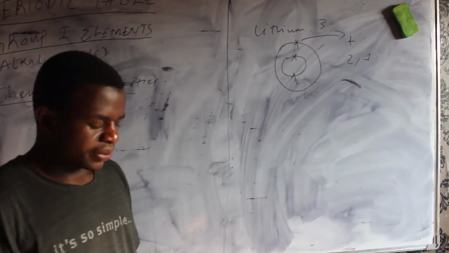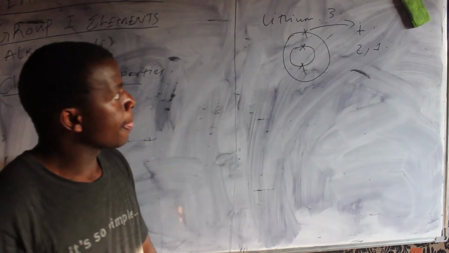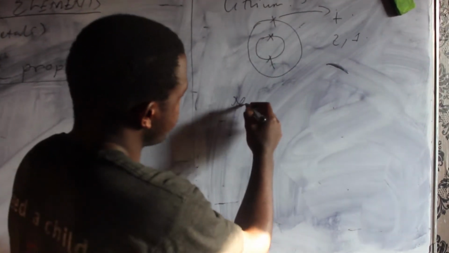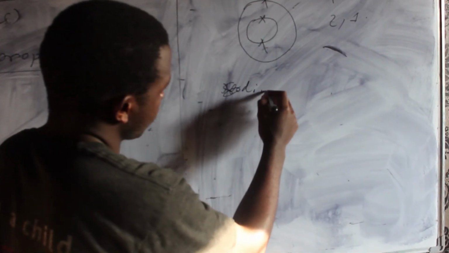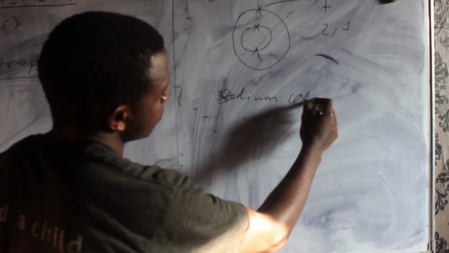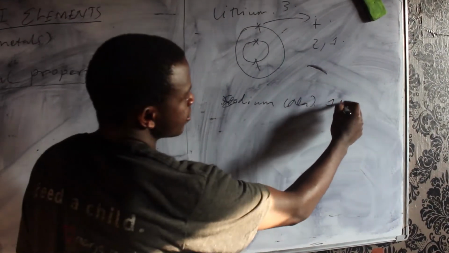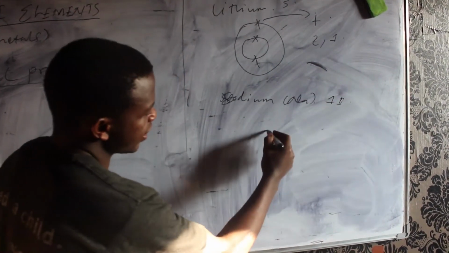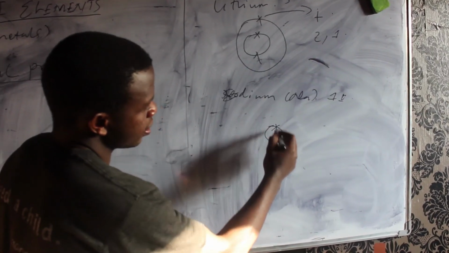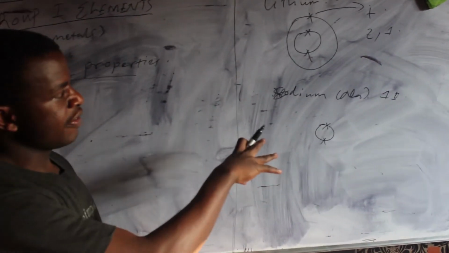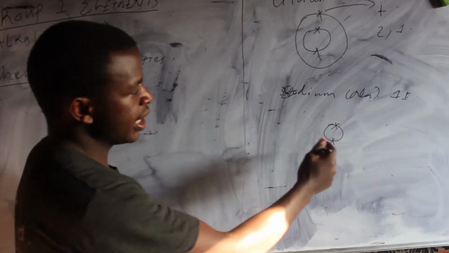Then another example that I'm going to give is that of sodium. If you look at sodium, the atomic number is 11. So this means in the first shell, sodium has 2 electrons.